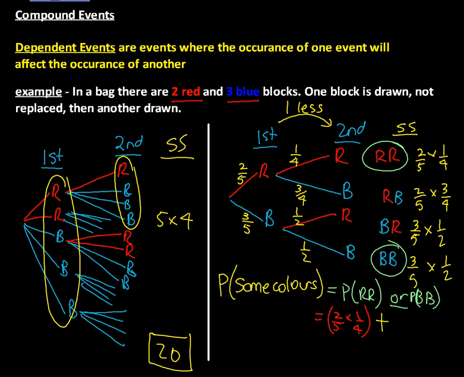And the blue, blue, over here we have 3/5 times 1/2. So what do we got there? We have 2 out of 20 plus 3 out of 10, which of course is 6 out of 20. So we've got 6 plus 2, 8 out of 20 chance.